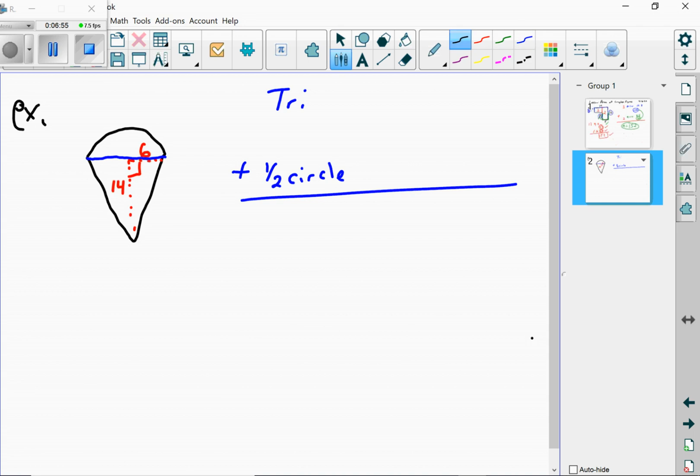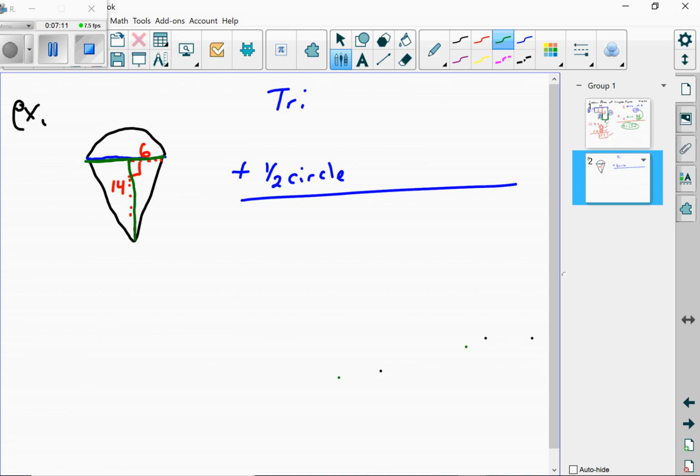So on the triangle, they're giving you a base and a height. Now you've got to pay attention here. The base would be the green line, and the green line and the green line would be the base and height of this shape.